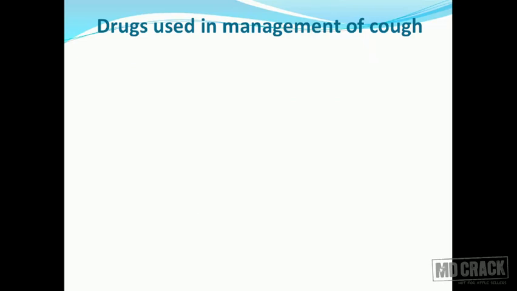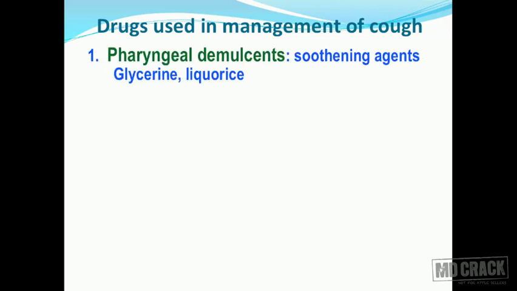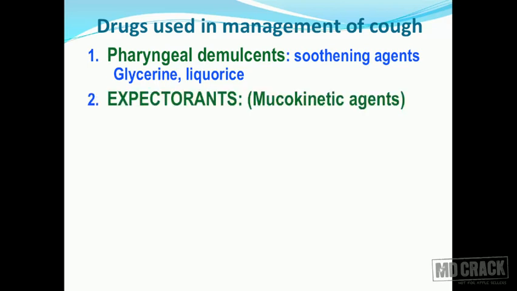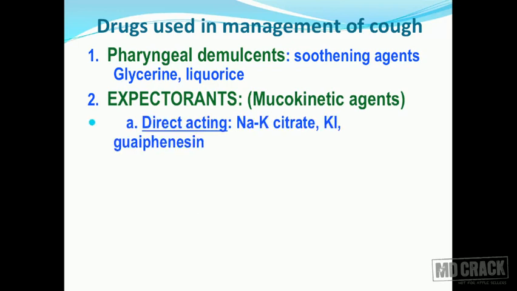After discussing the drugs useful for bronchial asthma, we briefly discuss the drugs used in the management of cough. You have pharyngeal demulcents, which are soothing agents, and the examples are glycerine and liquorice. We have expectorants, which are the mucokinetic agents, going to stimulate the mucokinases. We have directly acting agents in the form of sodium potassium citrate, potassium iodide, and guaifenesin.